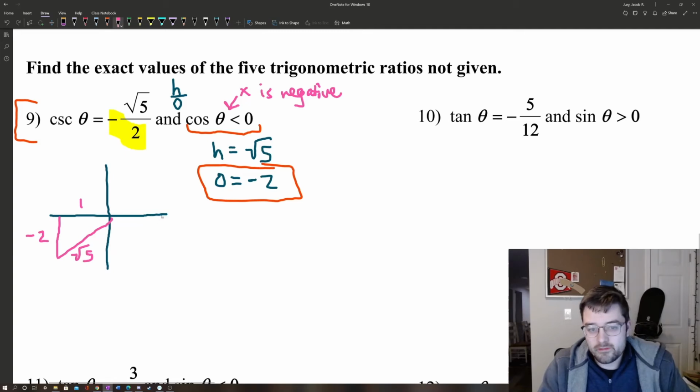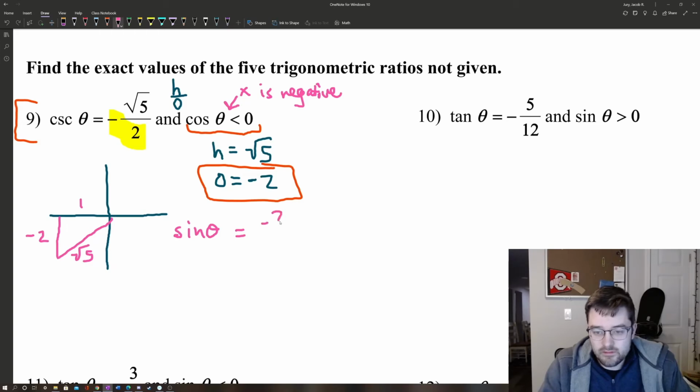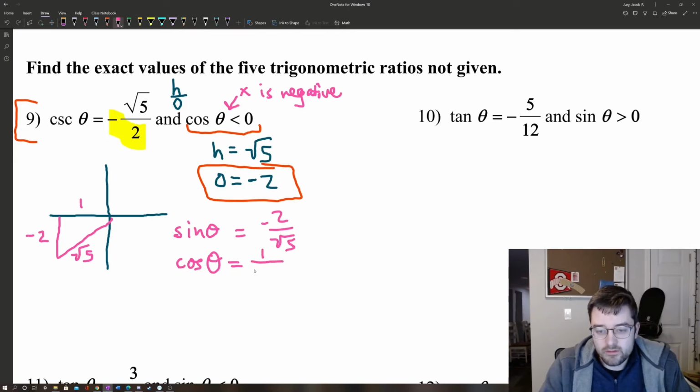So if I'm asked for number 1, sine of theta, that's probably the easiest one to get. That's just negative 2 over radical 5. If I'm asked for cosine, that's when I want to use my new side that I found, which is my adjacent over hypotenuse.